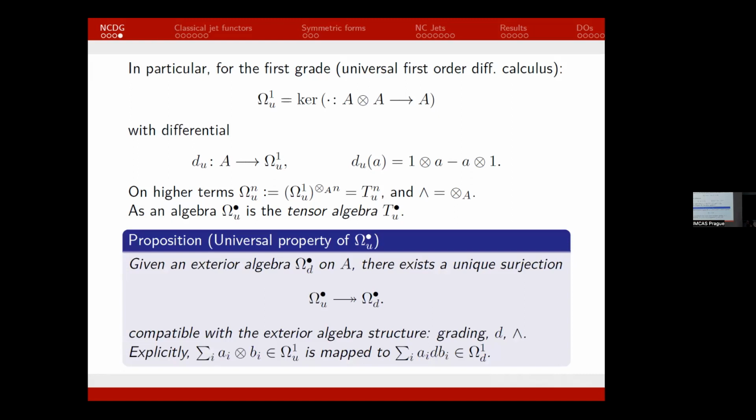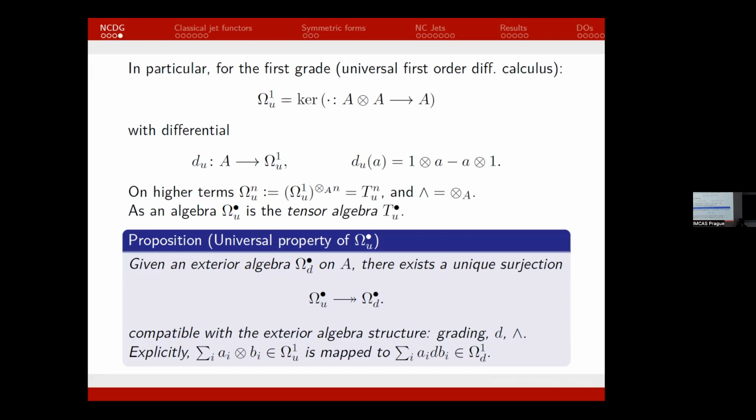Okay, so as I said, the universal exterior algebra is geometrically very poor, but luckily it gives us this universal property that tells us that whenever we have another exterior algebra, omega bullet B on A, then there is a unique epimorphism from the universal algebra to the exterior algebra, and it's the unique one that is compatible with the exterior algebra structure: the grading, the differential, and the wedging.